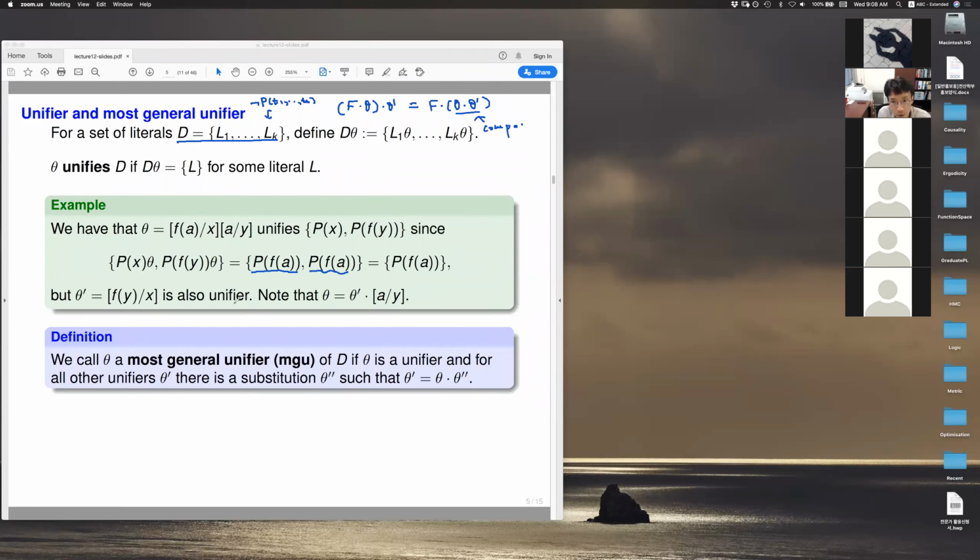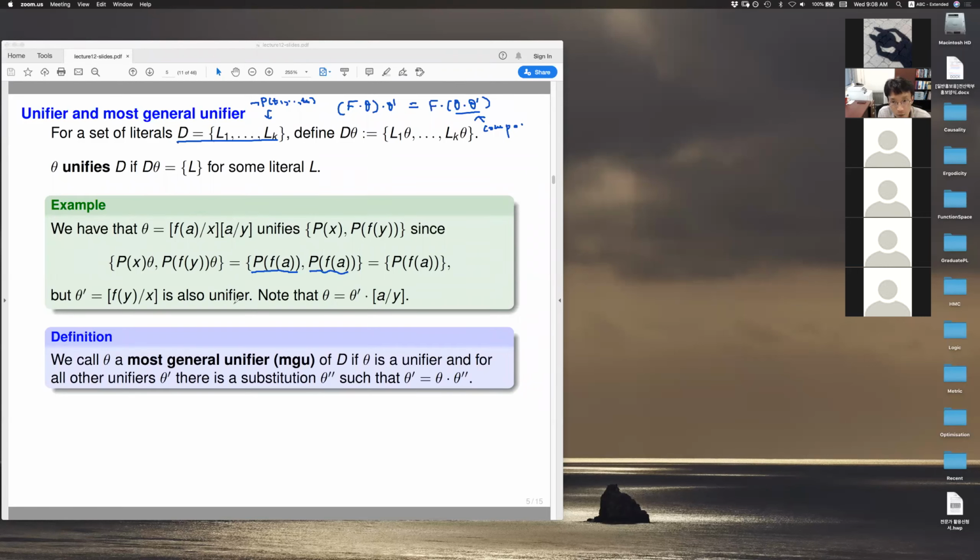The definition says it's a unifier. So theta is a most general unifier of a set of literals D if, first, it has to be a unifier, so that's condition 1. But then it's, among the unifiers, the most general one. That's what the second condition says.